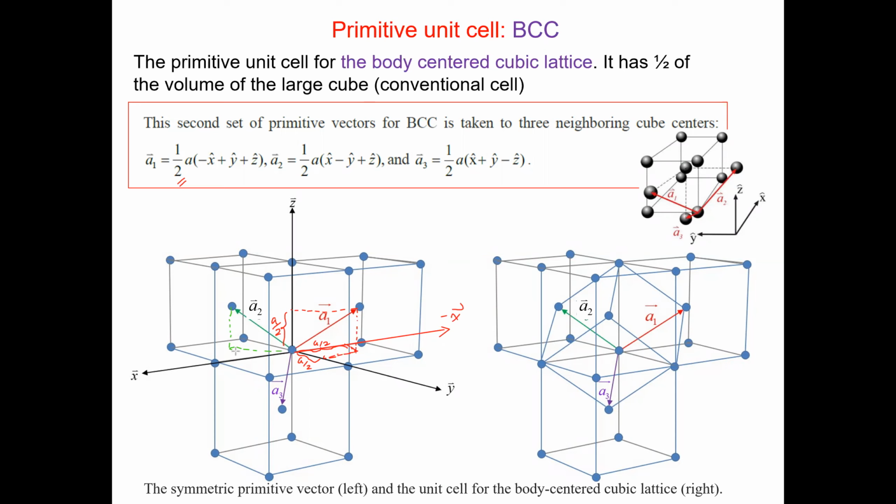This projection, make sure it's perpendicular. This is perpendicular here, right? This is perpendicular, okay?